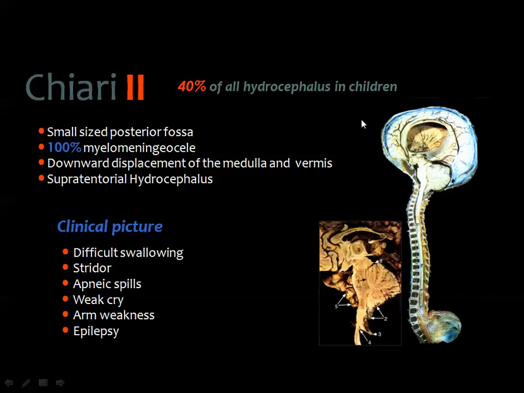And this Chiari-2 means that more of the cerebellar tonsils are descending into the upper part of the cervical spinal canal. Most of these patients will have a small sized posterior fossa because some of the contents of the posterior fossa are now in the cervical spinal canal, and 100% of the patients will have lower back meningocele or meningomyelocele.